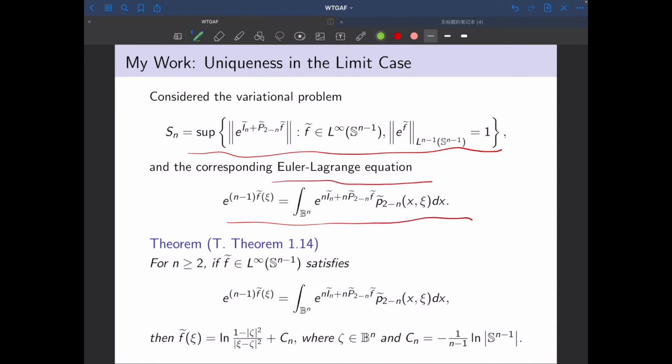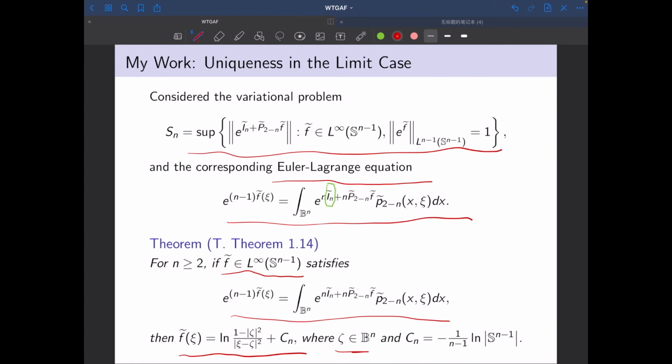Notice that the function I_n tilde shows up in the Euler-Lagrange equation, so the information about I_n tilde was very important for proving uniqueness. I proved the following theorem, which is saying that for any f tilde that is L infinity on the boundary, if it is a solution to the Euler-Lagrange equation, then it has to look like this.